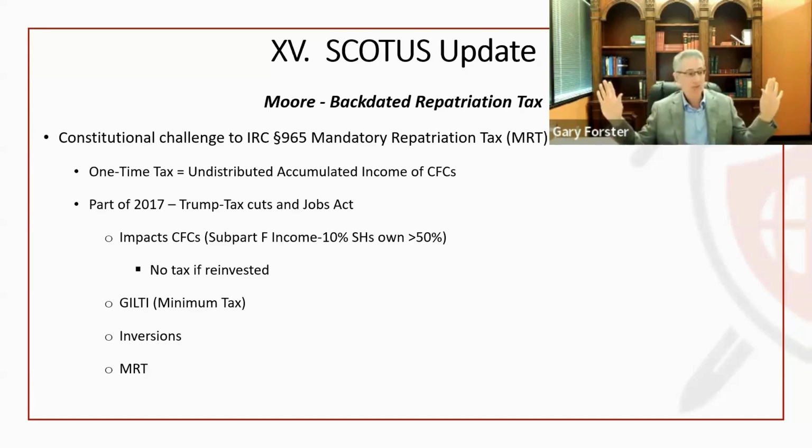If you don't own 10%, or it's owned less than 50%, it's not a CFC. The income stays abroad until it's shipped back. That's when you pay tax. If it's a CFC, it's controlled. This is when these issues come up. So this only deals with CFCs greater than 50% owned.